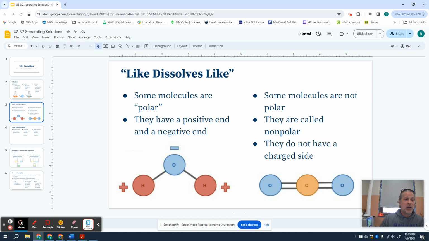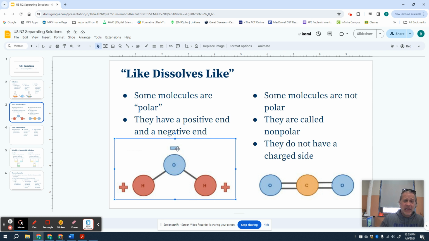But to understand that, we need to understand a little bit about different types of molecules or substances. One of those is called a polar molecule. We touched on the polar molecule a little bit earlier this year, but we definitely touched on it last year in biology. Water is a really common polar molecule, and this image right down here is a water molecule.